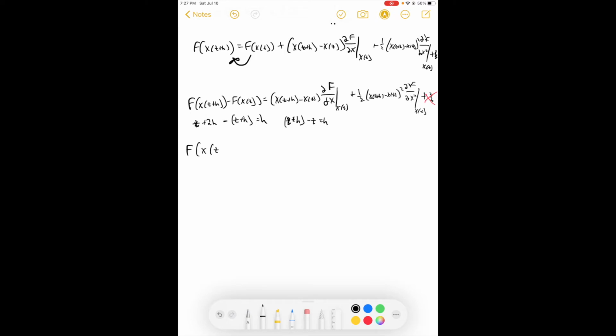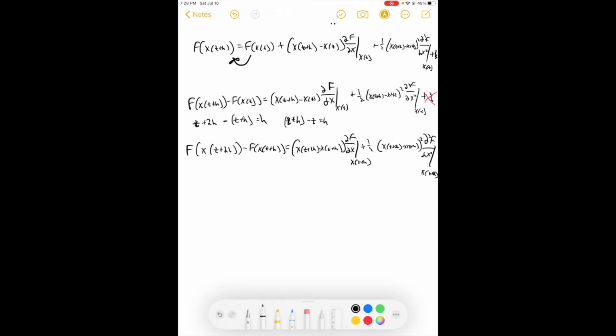F of x of t plus 2h minus f of x of t plus h is going to give us x of t plus 2h minus x of t plus h times that first derivative of f with respect to x evaluated at x of t plus h, plus 1/2 this next part, x of t plus 2h minus x of t plus h, we got to write real small here, squared, the second derivative, evaluated at x of t plus h.